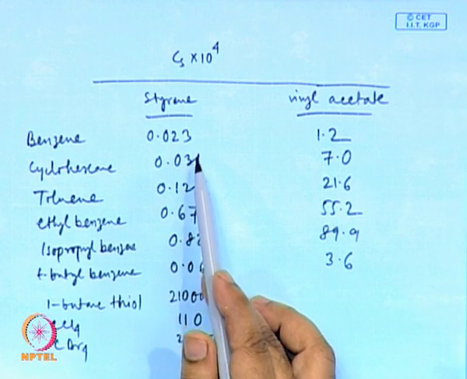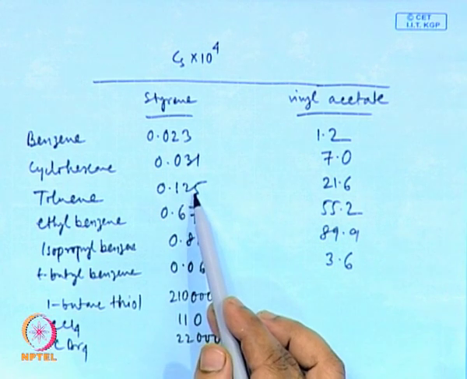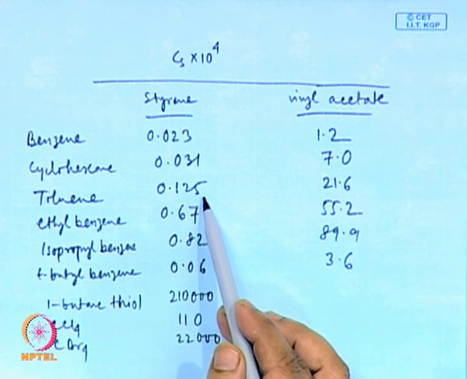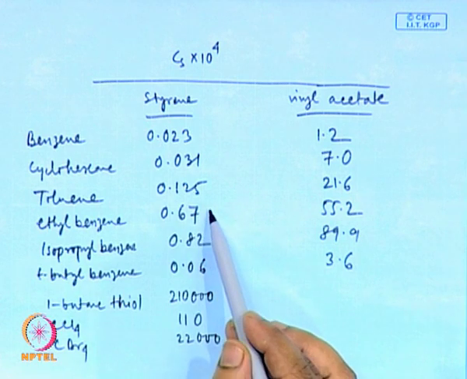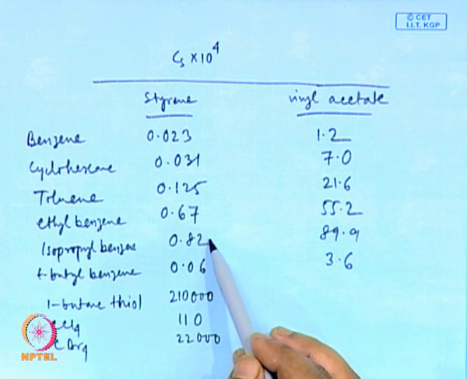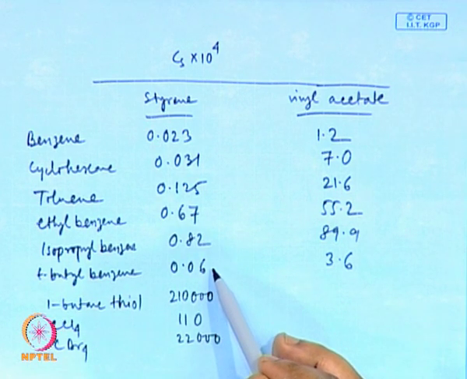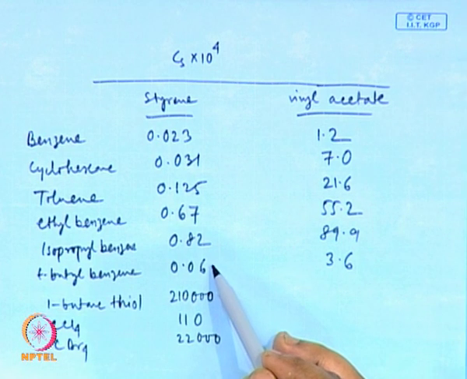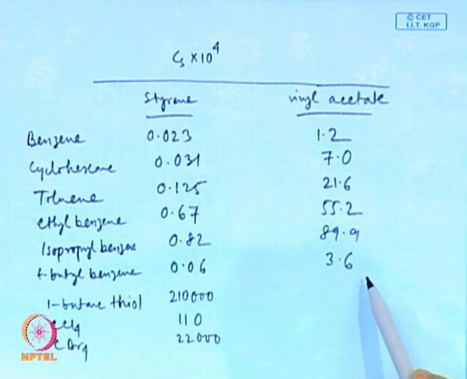So, look at the numbers again: benzene, cyclohexane, toluene. If you go from toluene to ethyl benzene, isopropyl benzene, the tendency of transfer reaction goes up, and again when we go to tertiary butyl benzene, because again it is a primary radical we are talking about, the tendency of transfer reaction goes down. Now, this happens to vinyl acetate as well, okay.